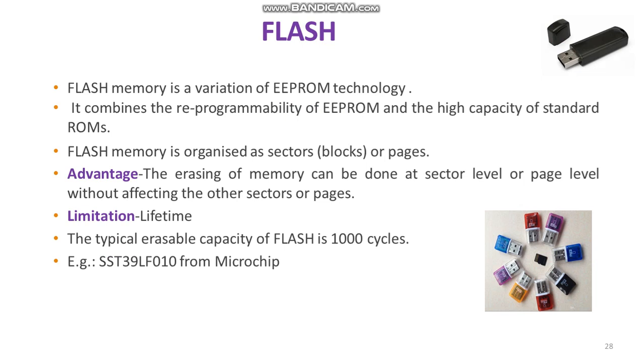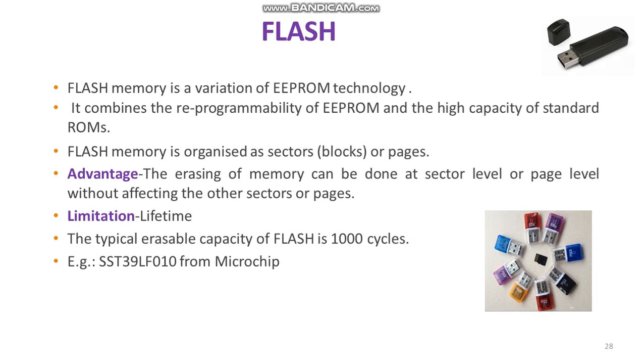The erasing of memory can be done at sector level or page level without affecting the other sectors or pages. Each sector or page should be erased before reprogramming. The lifetime is not infinite. The erasable capacity of flash is 1000 cycles. Example, the flash chip SST39LF010 from Microchip.